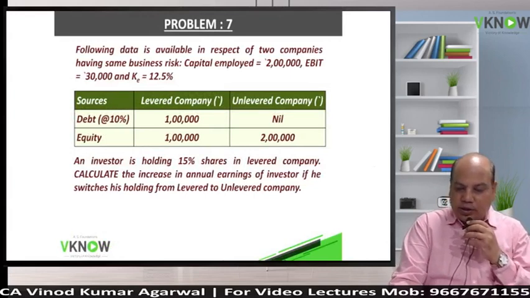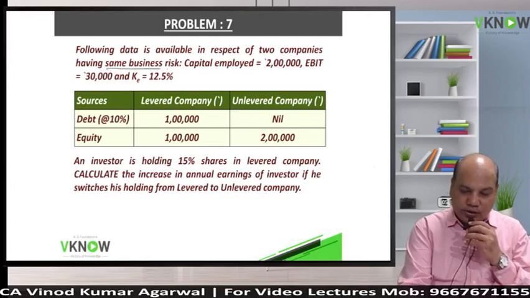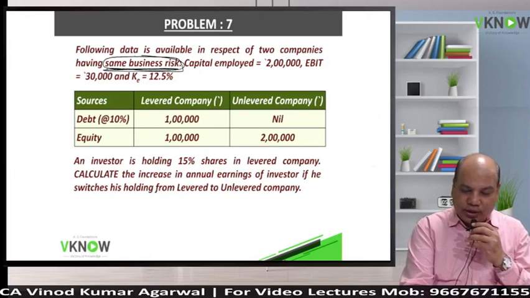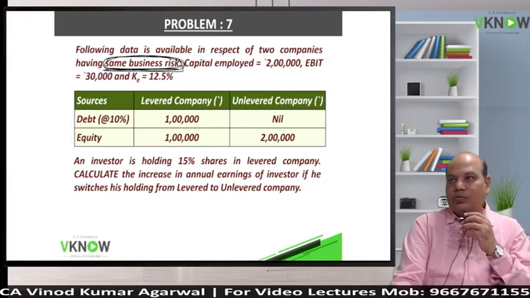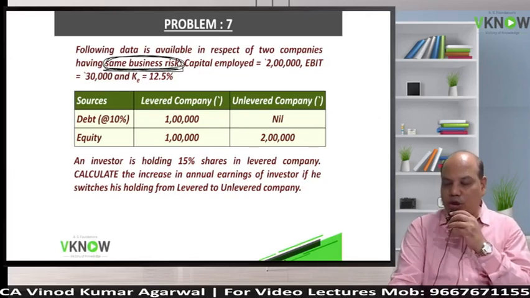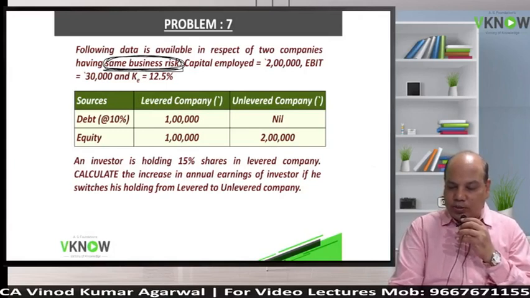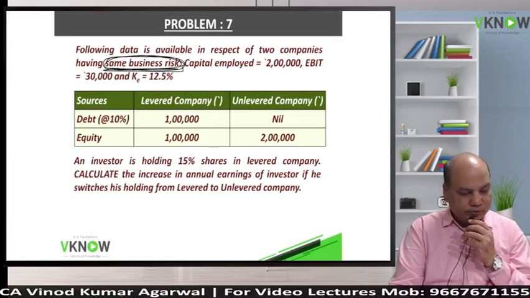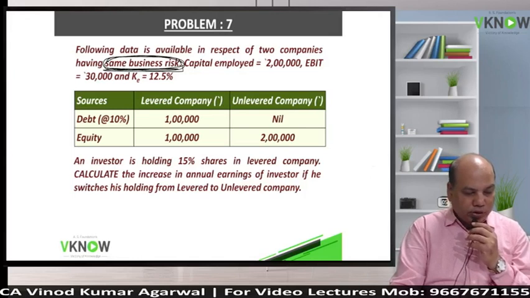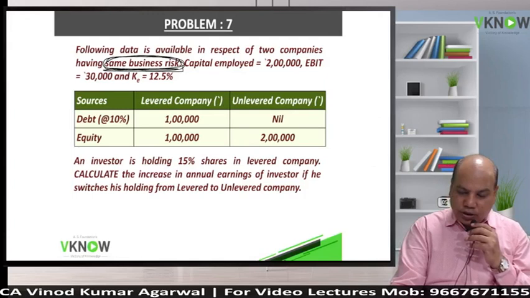Following data is available in respect of two companies having the same business risk. If they have the same business risk and if there is no taxation, the values will also be the same, KO will also be the same. Capital employed is 2 lakh, EBIT is 30,000 and cost of equity is 12.5%. Now they are saying these are the two firms, levered firm and unlevered firm.